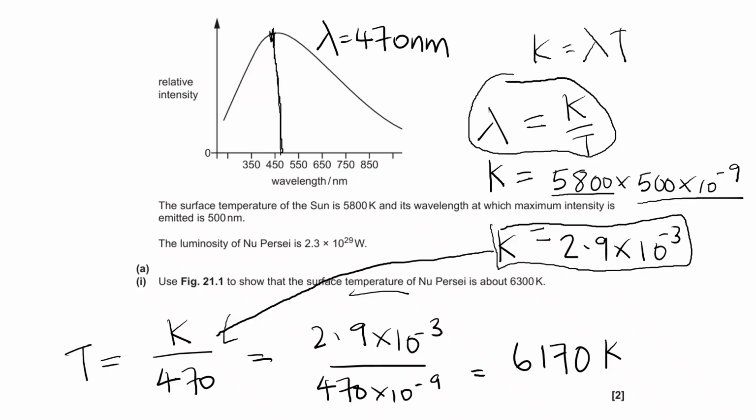Then we want to work out T. Because we know that k is this, just put that into the equation, and I got 6,170, but that is the maximum value, right?